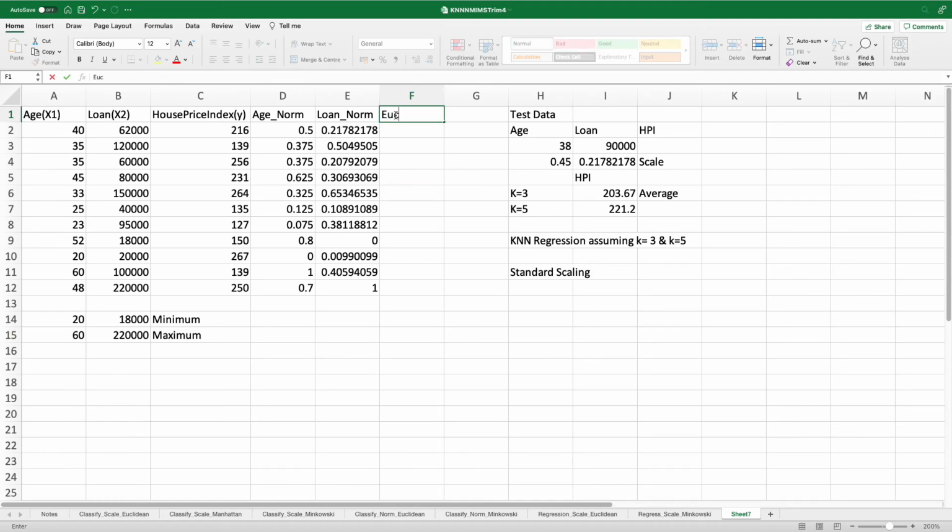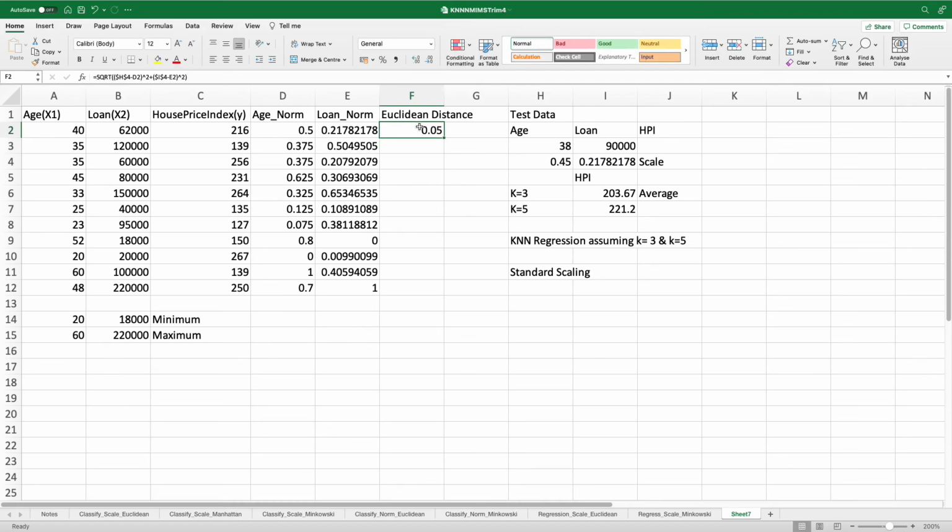Now the Euclidean distance. Euclidean distance is equal to SQRT open two brackets x2 fix it minus x1 to the power of 2 plus open bracket y2 fix it minus y1 to the power of 2.